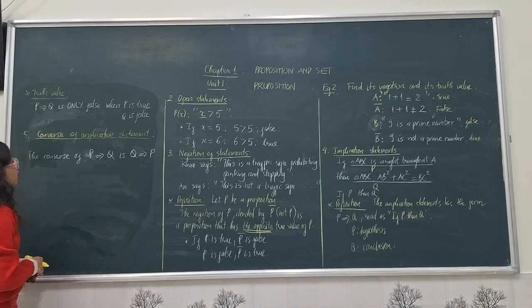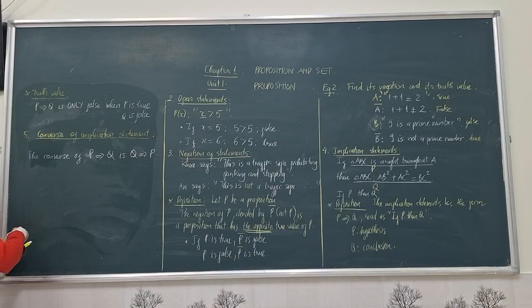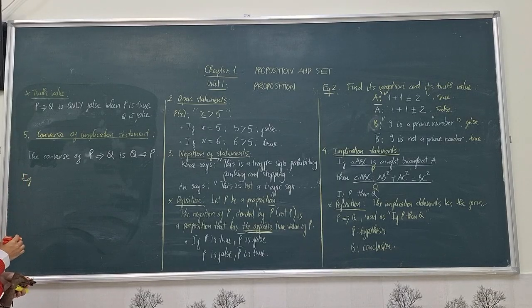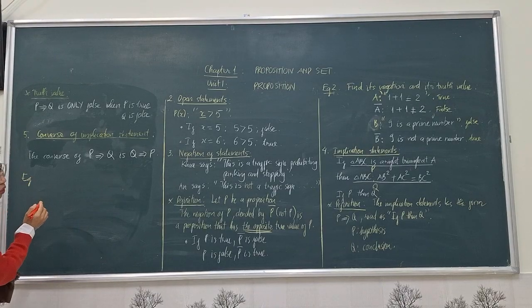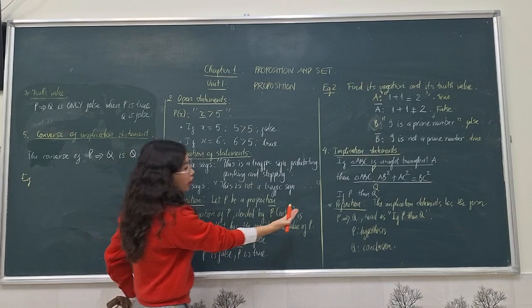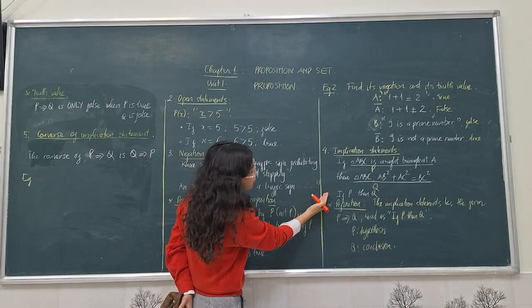The truth value is the same as P implies Q? Okay. Now let's do an example. Example 3. Now find the converse of its implication. I have an example like this. Here you can see it.